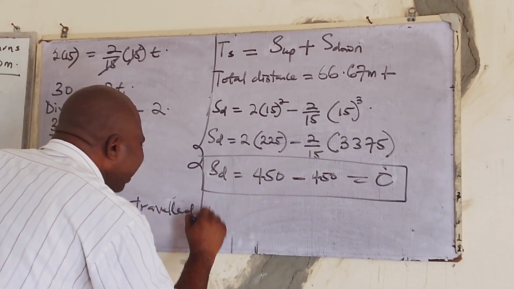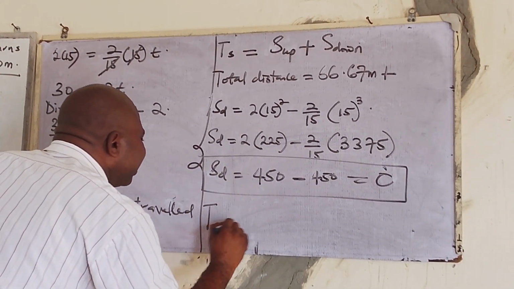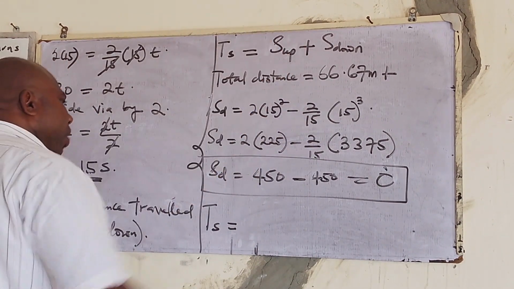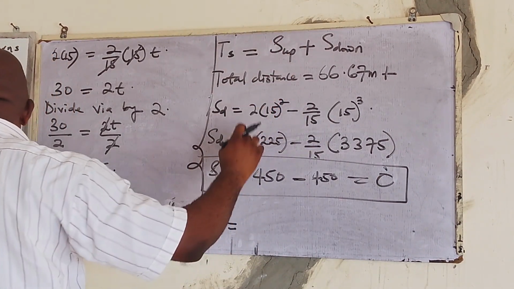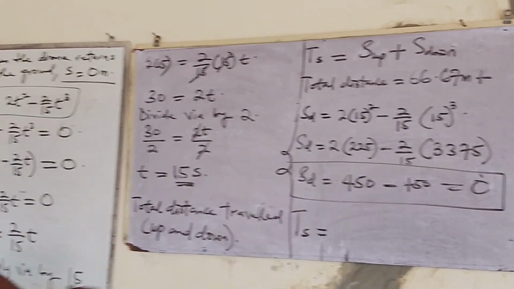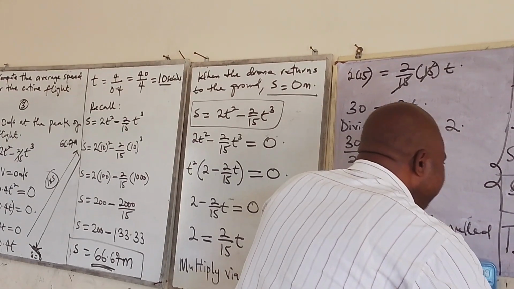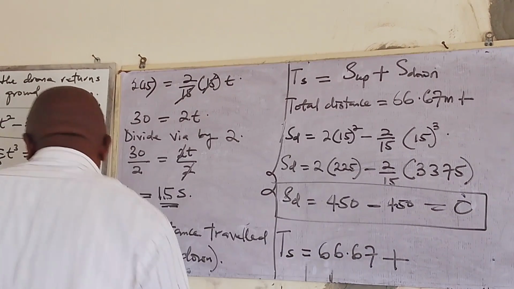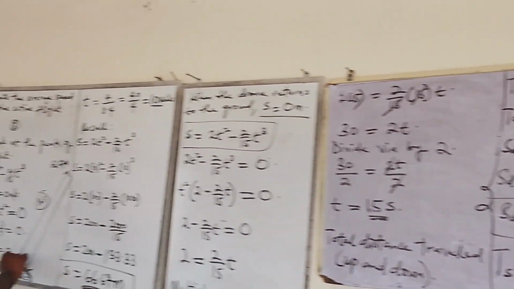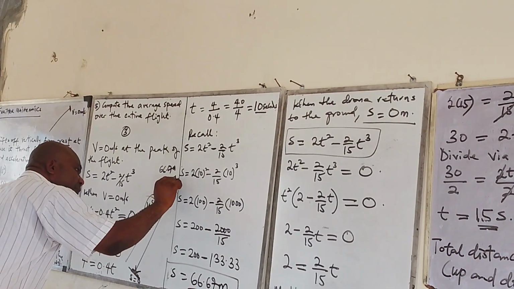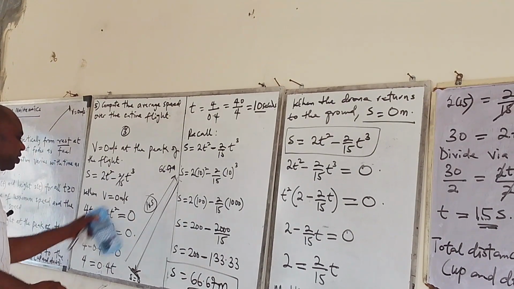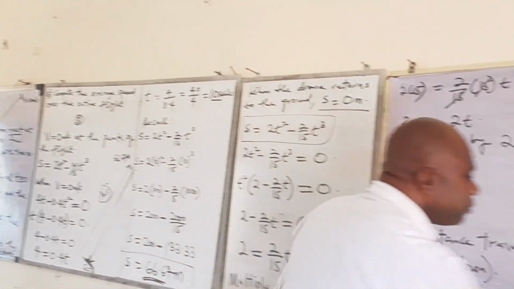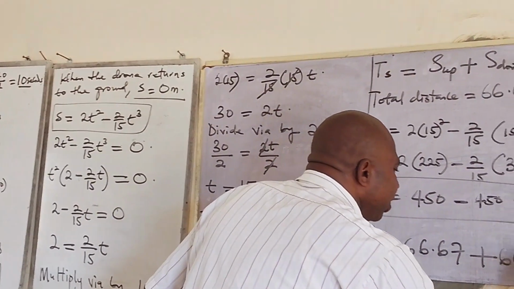Now the total distance will just be up and down. For going up, we got 66.67, plus coming down, from the same height, so it's 2 times this distance, plus another 66.67.